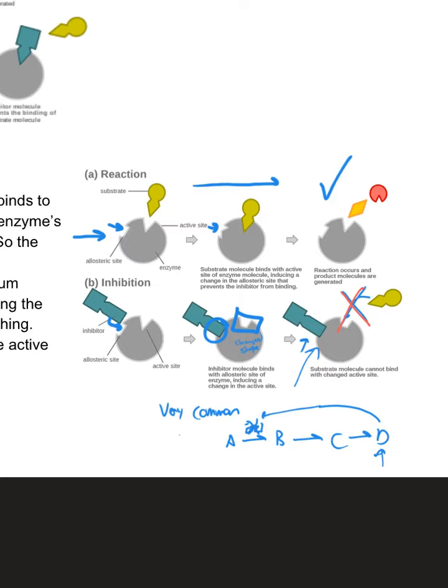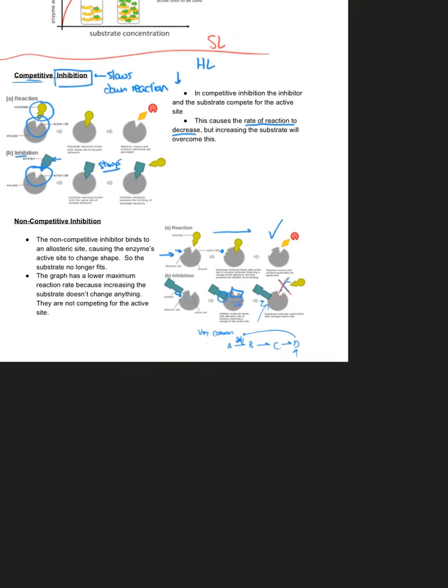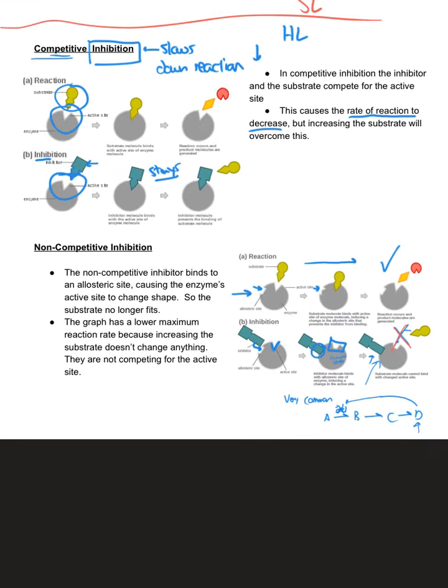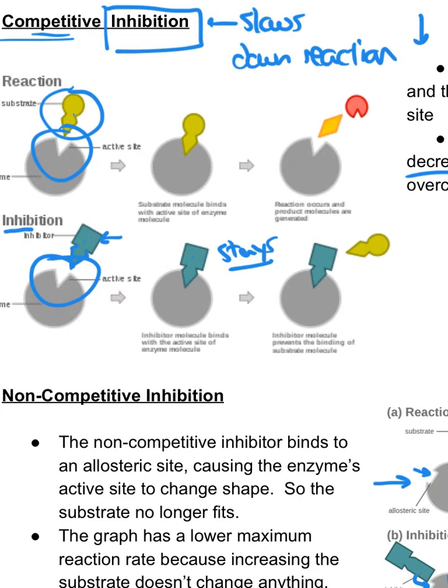But we say that this is non-competitive because they're not competing for the active site. In this case, the inhibitor doesn't have to fight the substrate, so to speak, for the same site because it's got its own site. Right? If these both are competing and you just increase the amount of substrate, then the substrate is going to bind with the active site more often.